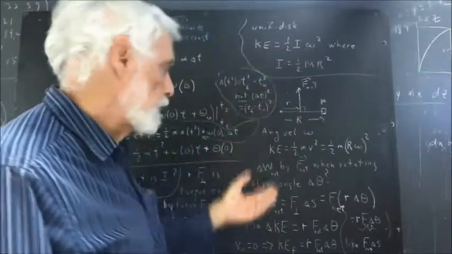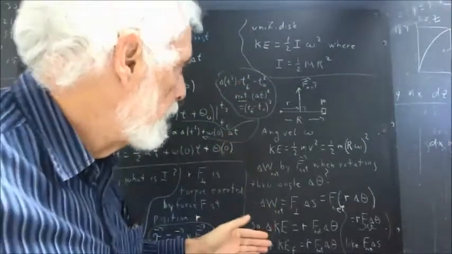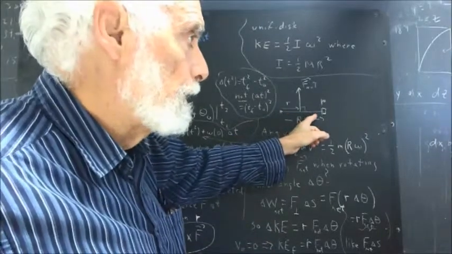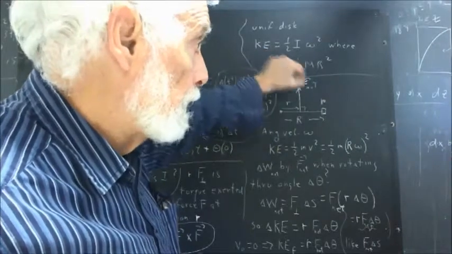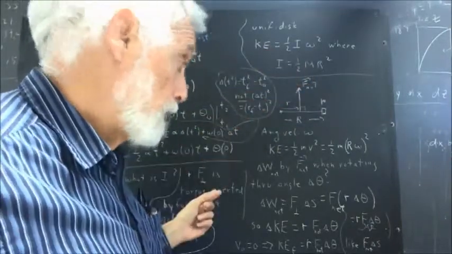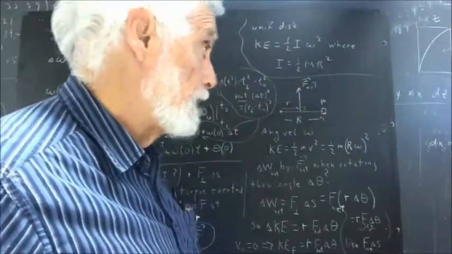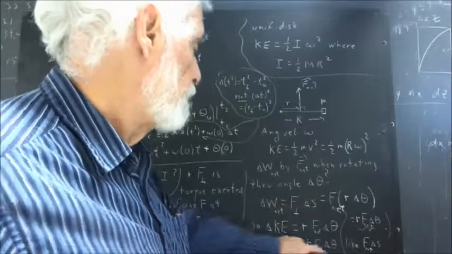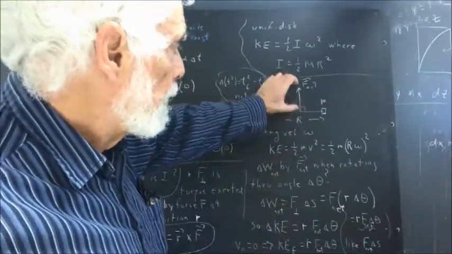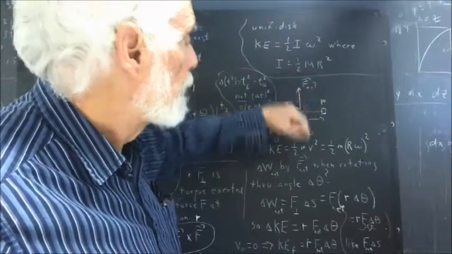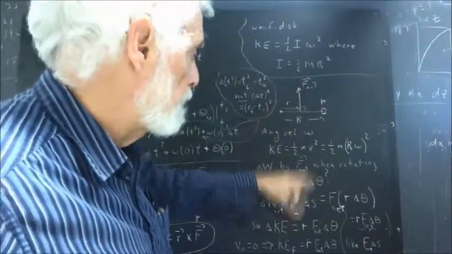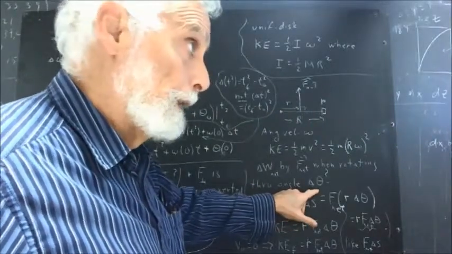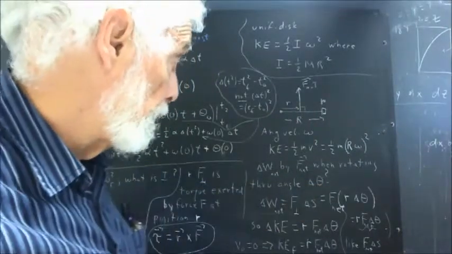The way we're going to connect that here is simply that if the force is further out, then through a given delta theta, that force is going to act over a longer arc and do more work, which will increase the kinetic energy more, which will give us a greater velocity. So the further out this same force applies, the greater the distance through which it will act as angular position changes by delta theta.